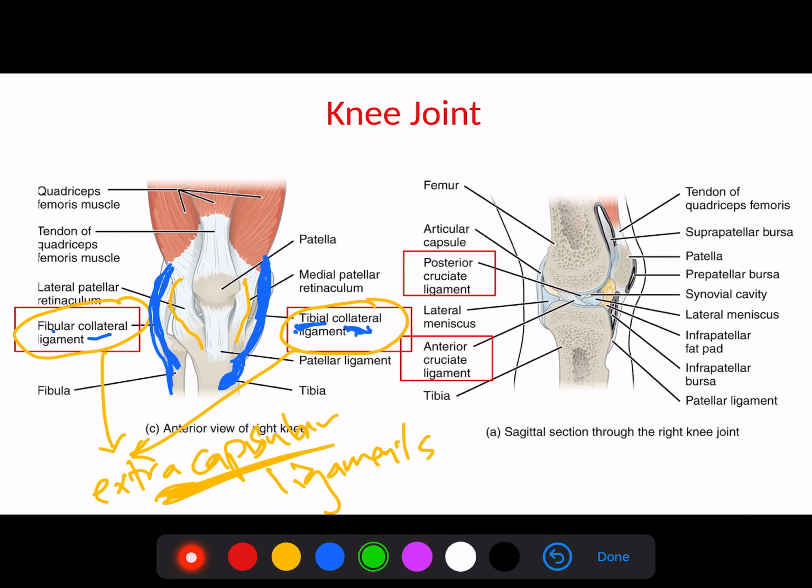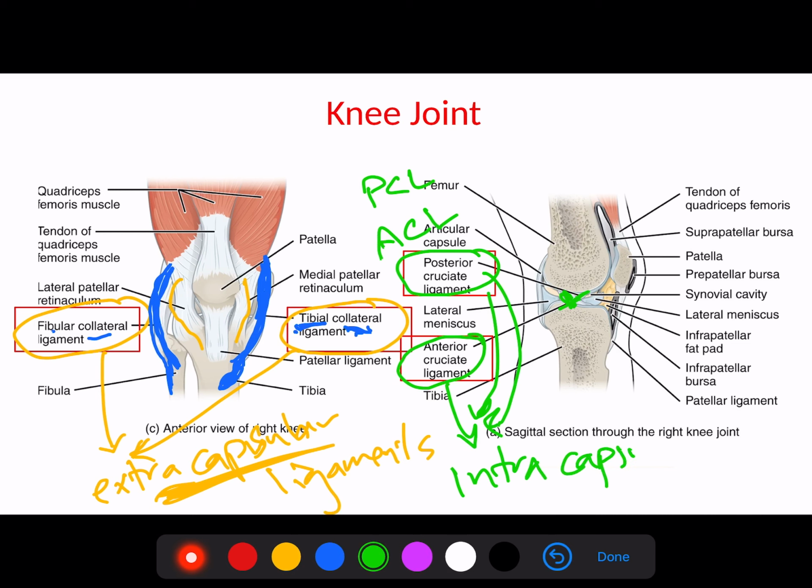And the other 2 are the posterior and the anterior cruciate ligaments, the PCL and the ACL, which are intracapsular ligaments.